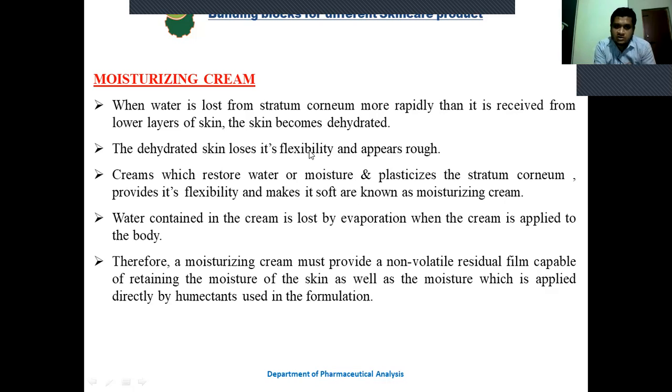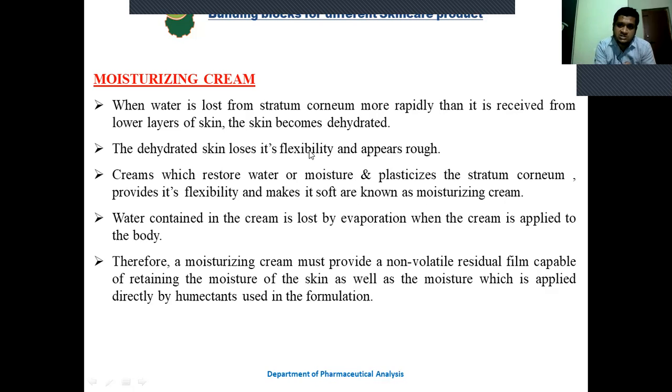So from the deeper layers, the other parts of the epidermis or dermis, suppose the stratum germinativum and the stratum spinosum, there are so many other parts, there are 5 layers in the epidermis. Whenever any water loss is there from the first layer, it will receive water from the deeper layer.